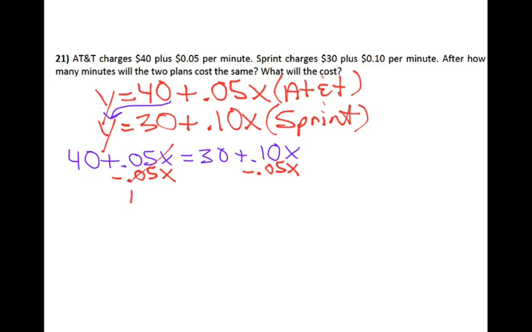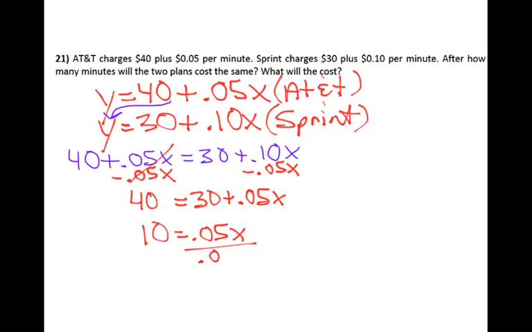That'll give us 40 equals 30 plus 0.05x, and then you'll want to subtract 30 from each side. So 0.05x equals 10, and then divide by 0.05.